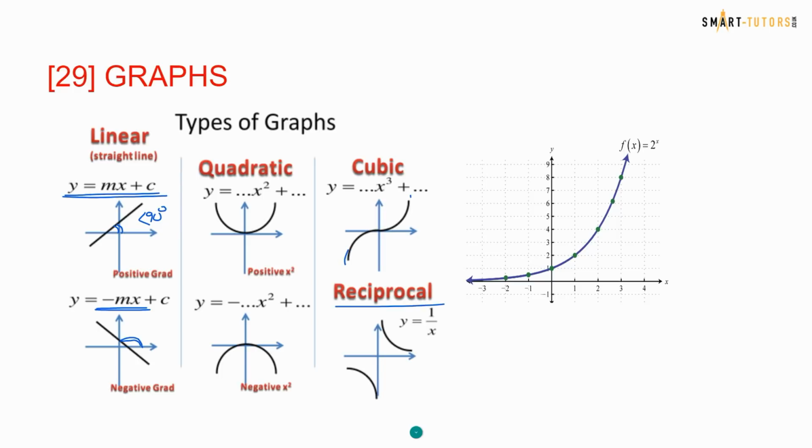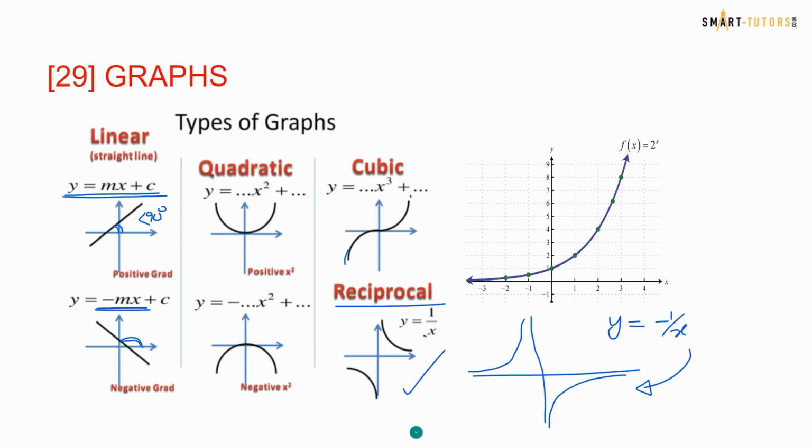A reciprocal graph y = 1/x goes this way, and y = -1/x means you need to put it the other way around, this way and this way. So 1/x is this way, the way I'm drawing here, and this is the -1/x graph.